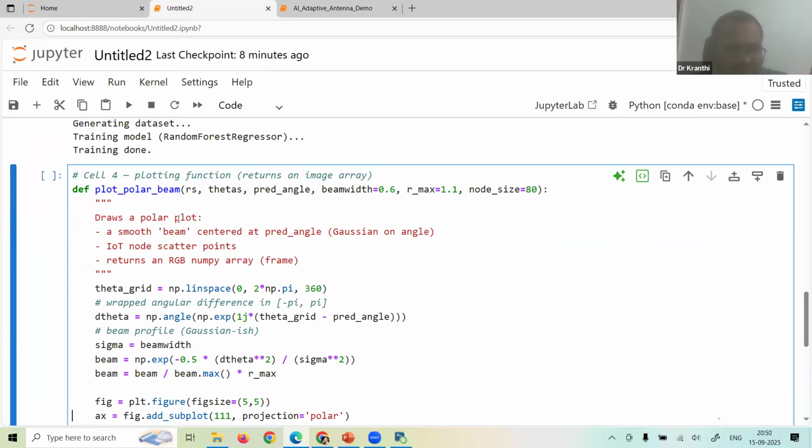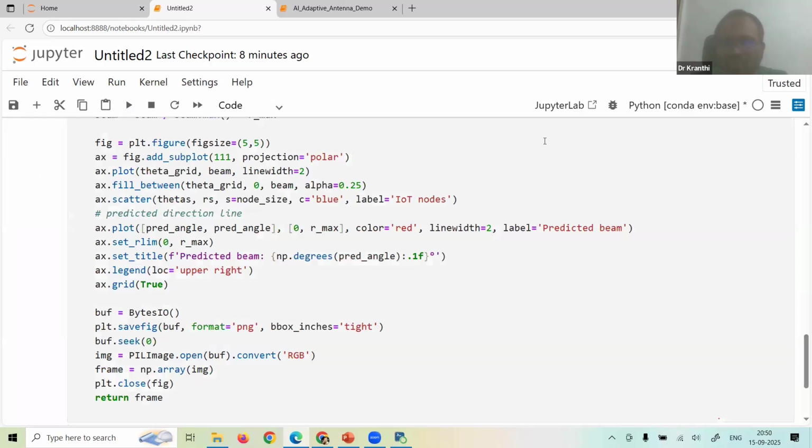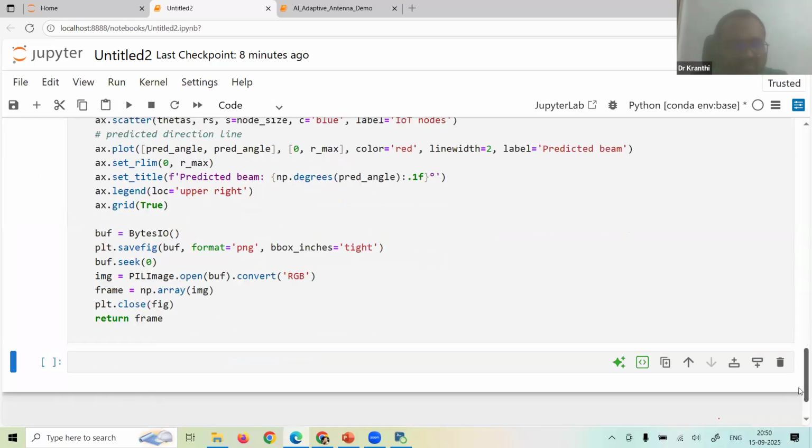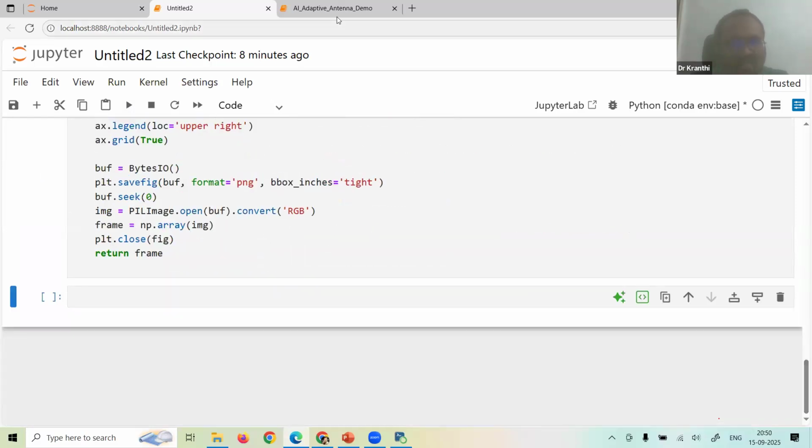Next we talk about the role of IoT nodes. These nodes or devices are plotted as blue scatter points around the circle. These positions represent where IoT devices are located relative to the base station area, as I explained. They help us visualize. So let's try to execute this one. You'll get some basic idea of in what way we are doing this. Where is that?